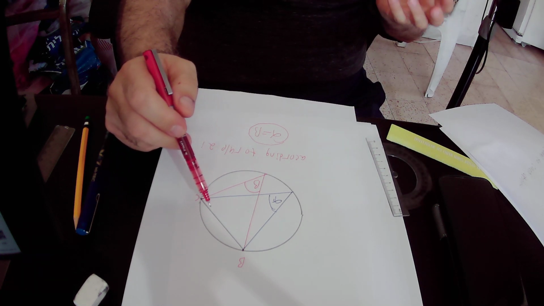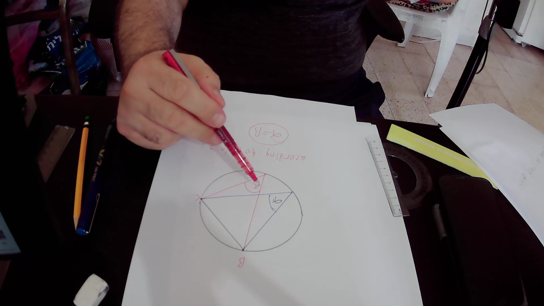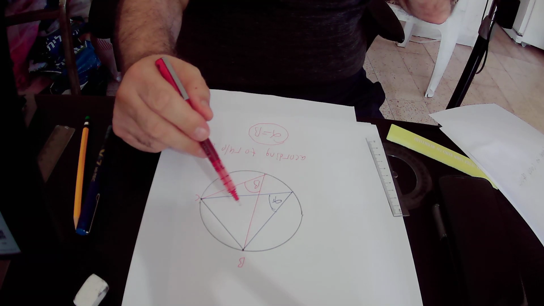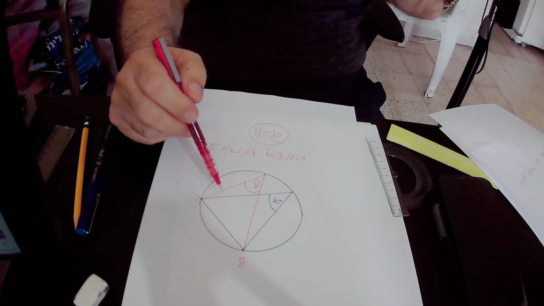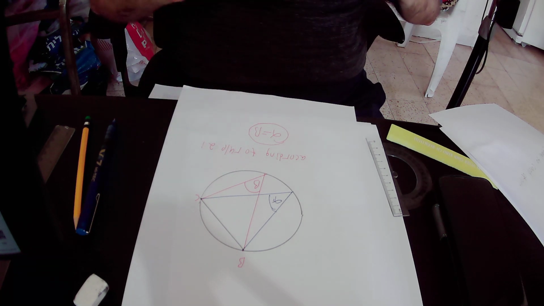According to rule number 2, because both angles rest on the same string or the same chord BC, they are equal to each other. So alpha equals beta.